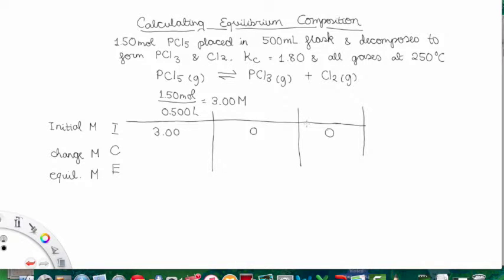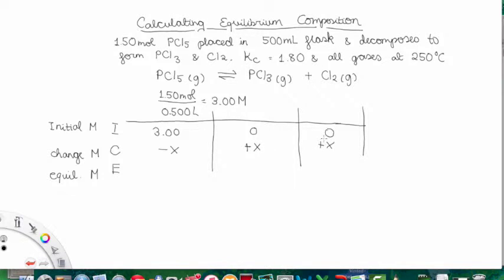So here we have to assume that PCl5 changes its molar concentration by minus x. So for every minus x of the molar concentration that's used up, you're going to form the same amount of molar x on the other side of the product. So we're going to have plus x here and plus x here.